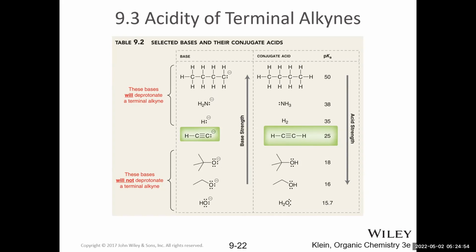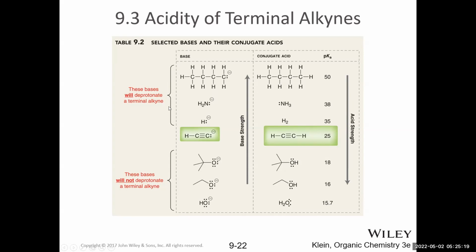So we just need any base whose conjugate acid is a weaker acid than the terminal alkyne, which has a pKa of about 25. So if the pKa is higher than 25 for an acid, the conjugate base will be strong enough to deprotonate it to form the alkanide ion.